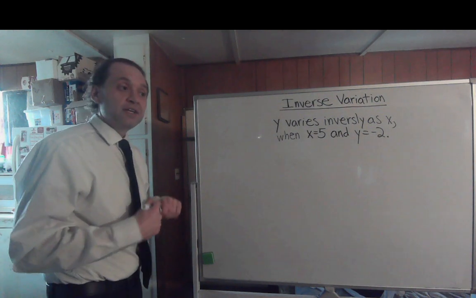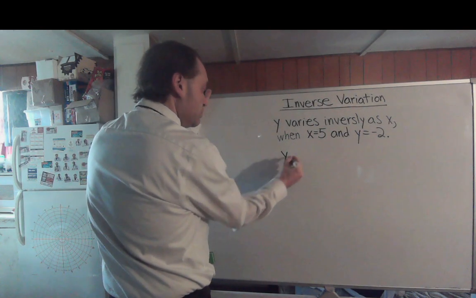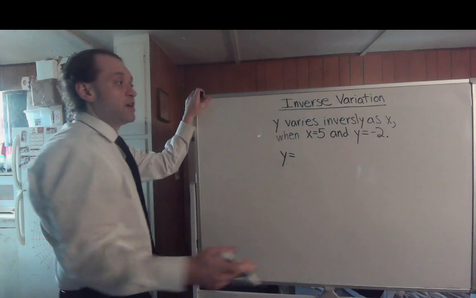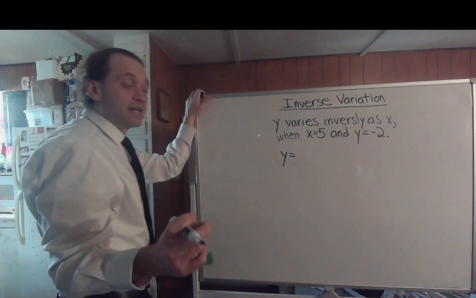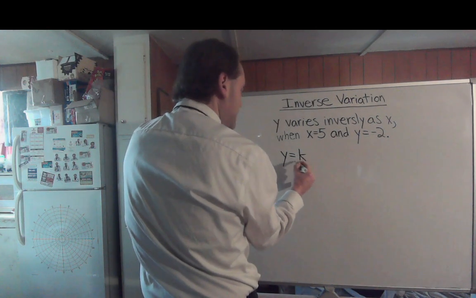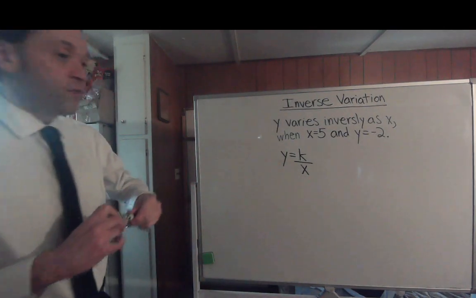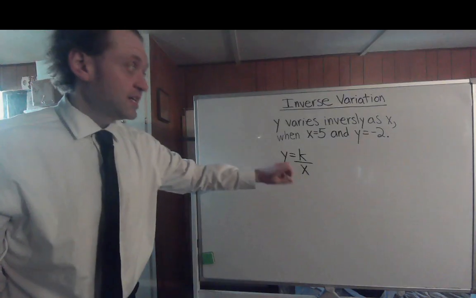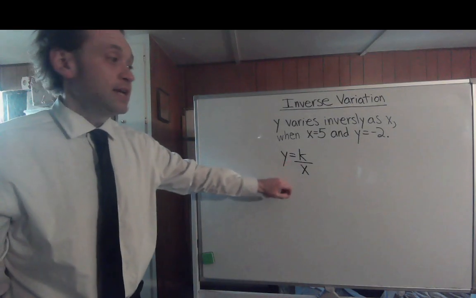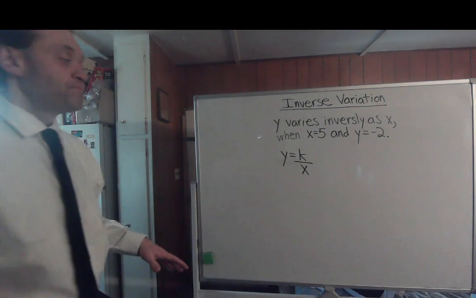When it varies inversely, y equals that constant of variation k divided by x. So if y varies inversely as x, that means y equals the constant of variation divided by x.